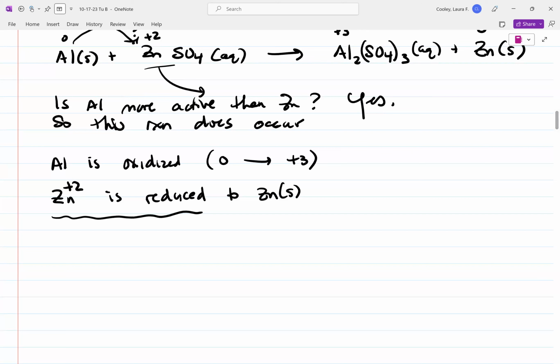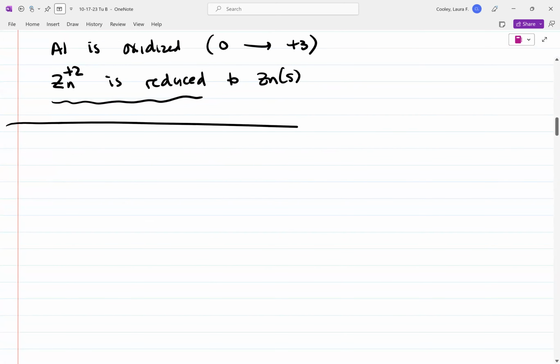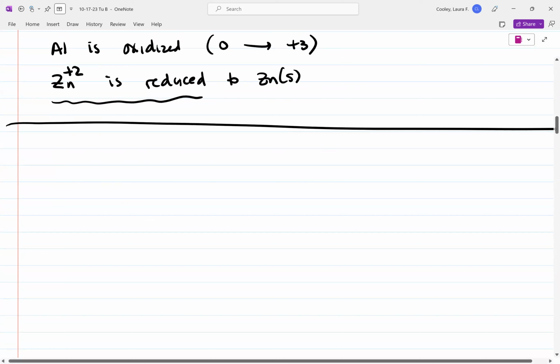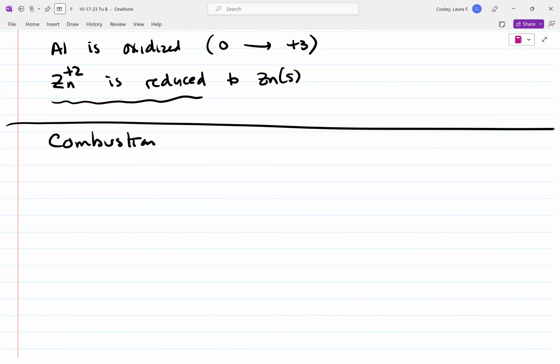All right, so now I have to move on. I'm going to talk about another type of redox reaction, which is combustion. Okay, so we have 2 different kinds of combustion we talk about here. And the first type is combustion of a metal.